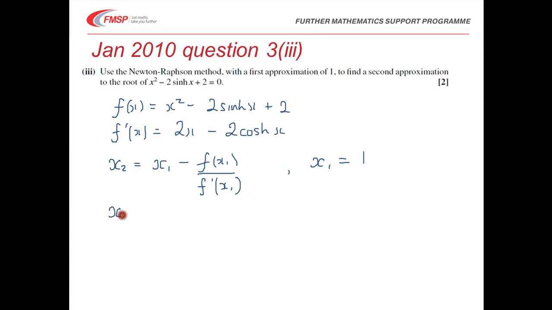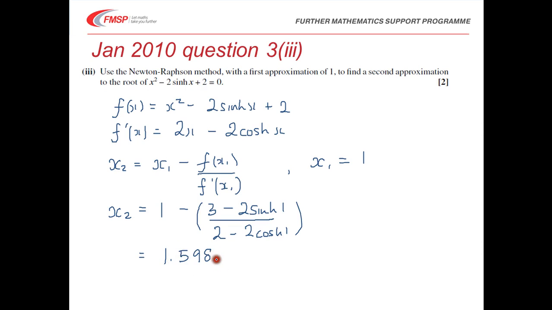So that means that our x2 will be equal to 1 minus, so it will be 1 plus 2, so that's going to give us 3 minus 2 sine 1 all over 2 minus 2 cos 1. And if we calculate that using our calculators, it comes to 1.598, and so on.